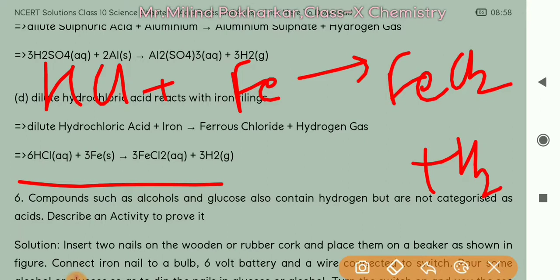Here you write 2 before HCl, so you can see 2 hydrogens, then 2 chlorines, then 1 Fe. So this also we can balance and simplify.